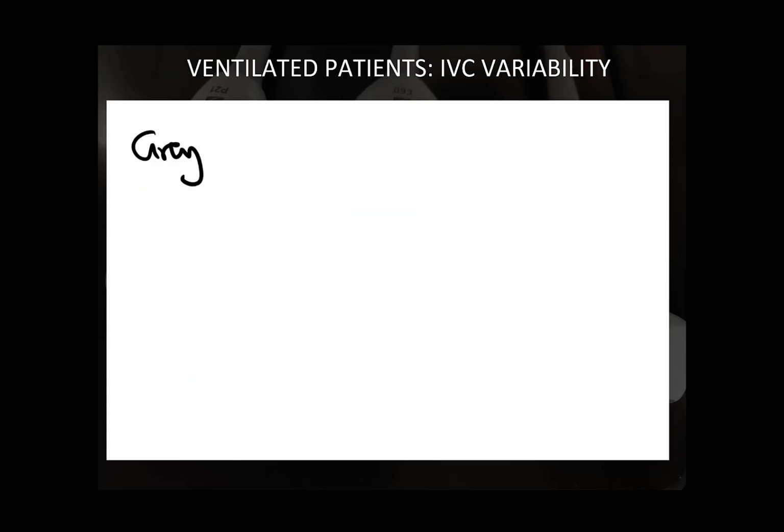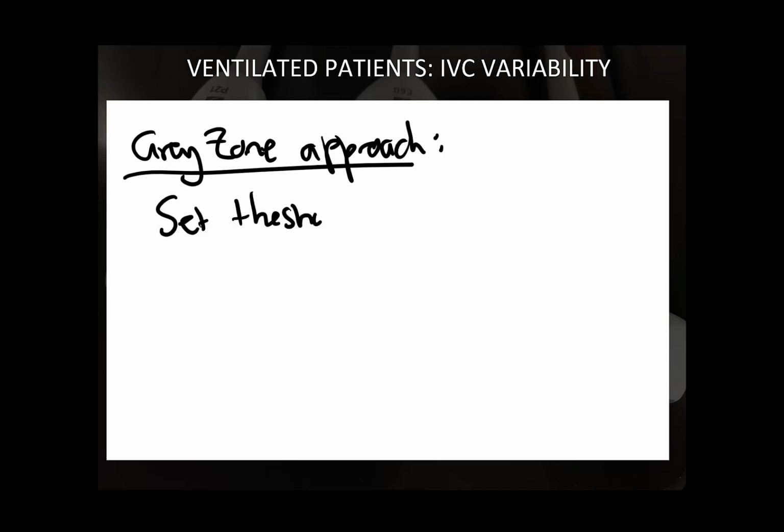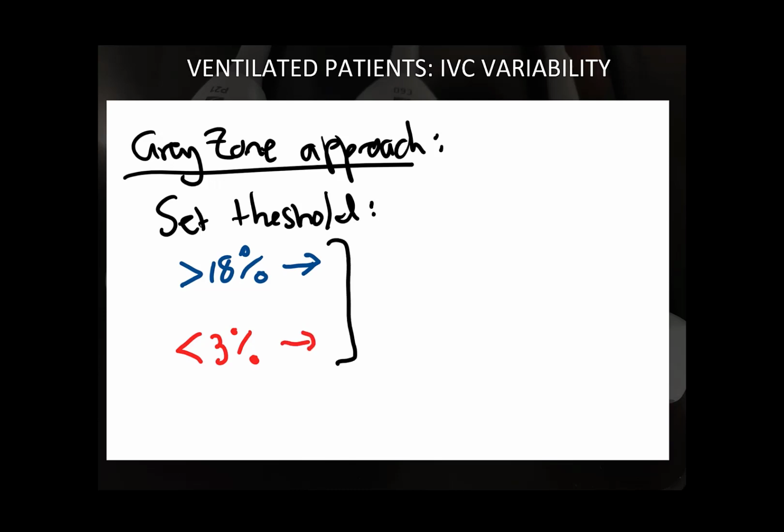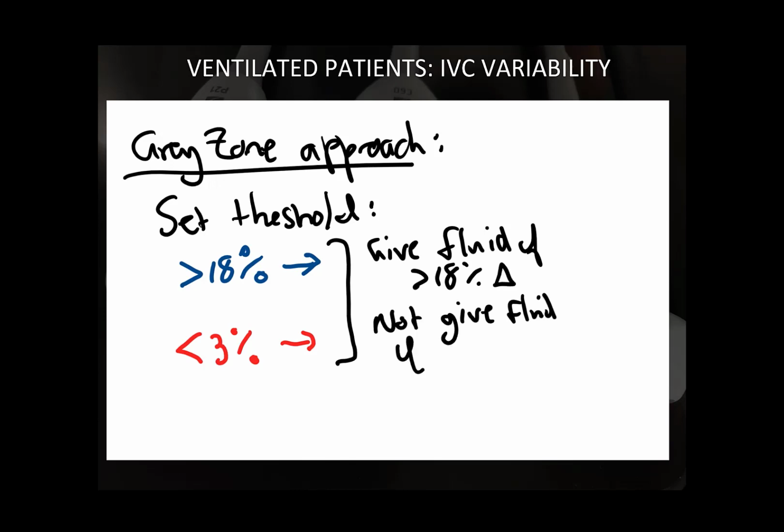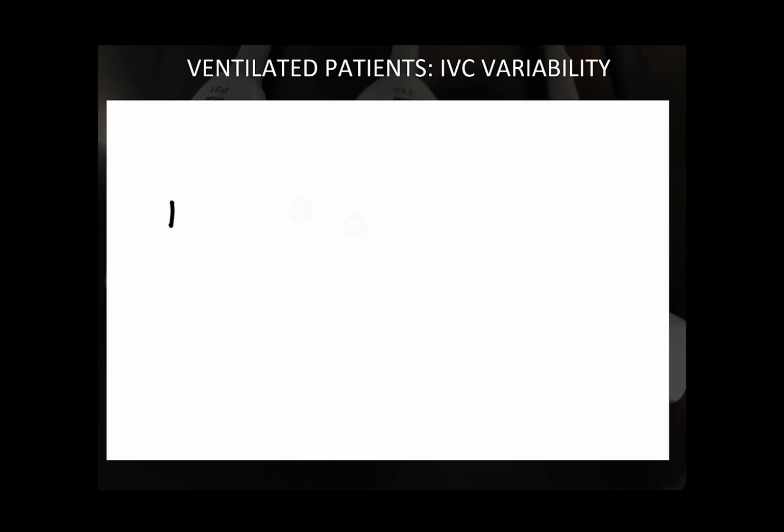Using chosen thresholds for IVC variability of less than 3 and greater than 18%, a grey zone approach again emerges. With these, a clinician would give fluid for greater than 18% variability, and withhold fluid for less than 3%, but not know what to do with 53% of patients who lie between.